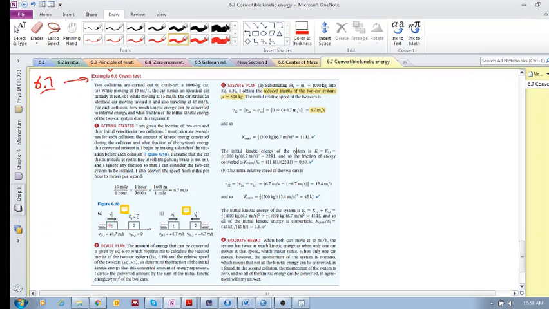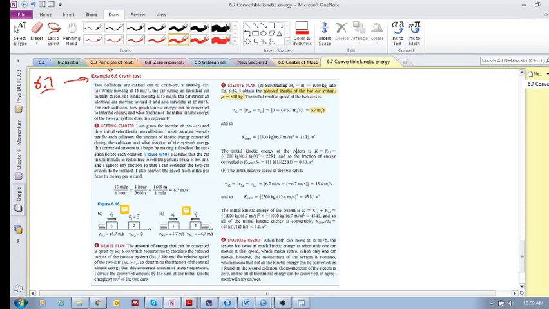So we've got two identical cars in part A. This one is moving and this one is stationary. In part B, they're both moving at the same velocity toward each other. The question is, for each collision, how much kinetic energy can be converted to internal energy?